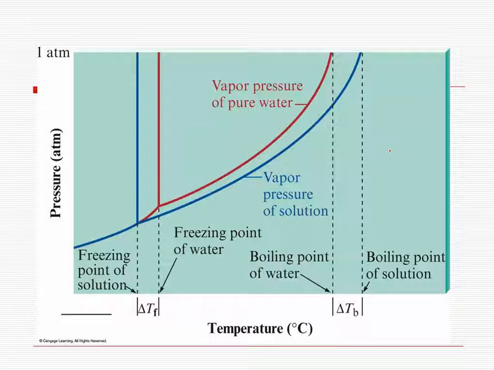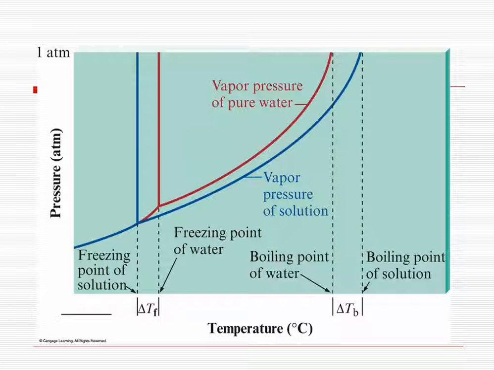Okay, so this is basically showing the idea behind what happens with colligative properties. The red line here, remember this is our phase diagram, would be the pure solvent. In this case, most of the time it's water, but it might not always be. With the colligative property, when you make a solution, we just talked about how the boiling point is increased.